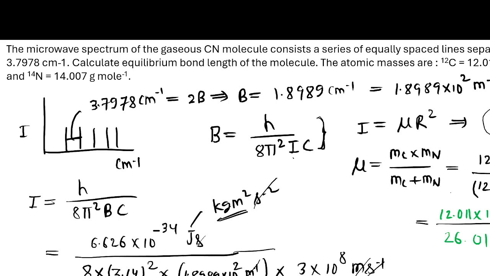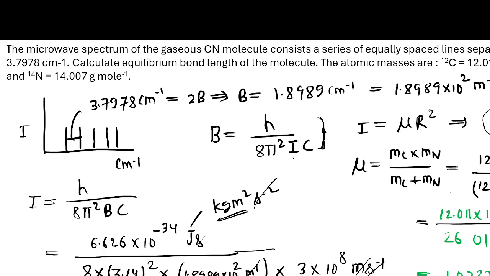So this will cancel out and you will get 1.073723 times 10 to the power minus 23 gram.